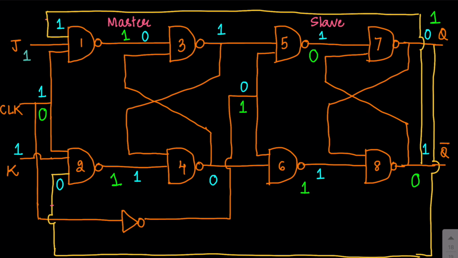But when the slave is active, the master is inactive. So the slave is only going to catch one condition from the master, and it is not going to change then, because at that time when the slave is active, the master is inactive, and hence you will get a constant output which is correct, and it will not be multiple triggering.